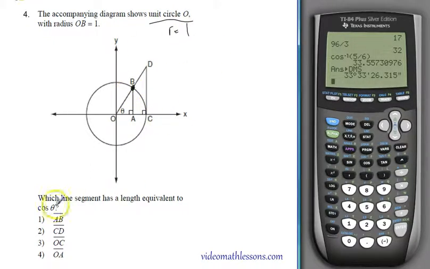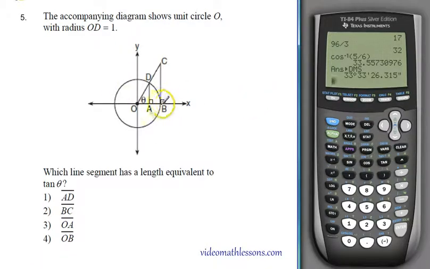Now, you need to remember cosine is the X direction. Don't go all the way, just what would be the X part? It would be OA. If they ask who's the sine, that would be BA. But they want the cosine.